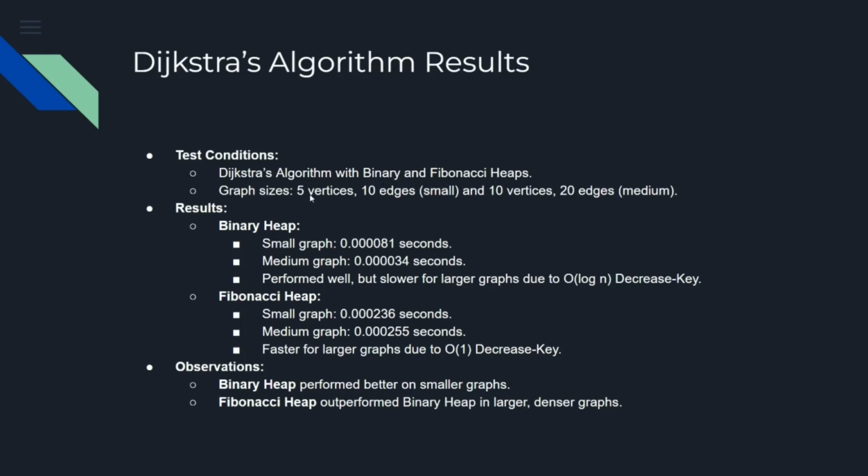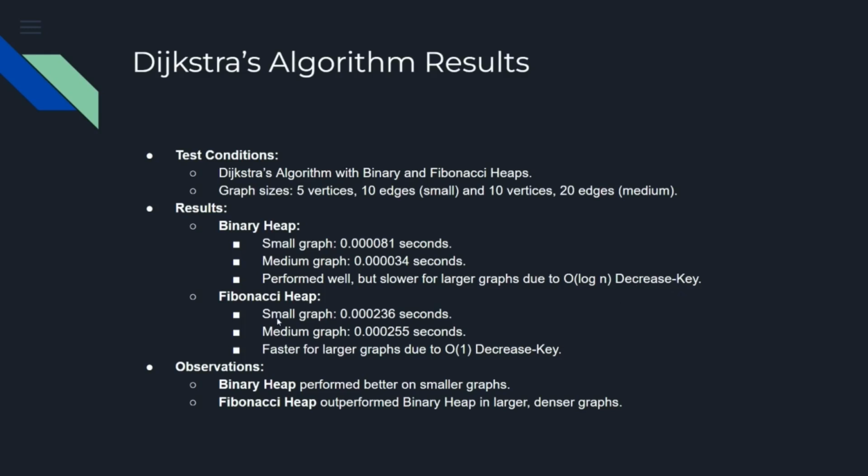And these are the test conditions for the Dijkstra's algorithm with the binary heap and the Fibonacci heap. The graph sizes were 5 vertices, 10 edges, and 10 vertices, and so on. The results that we got for the binary heap: the small graph was this many seconds, and the medium graph was a little bit faster. It performed well, but slower for the larger graphs due to the O(log n) decrease key.